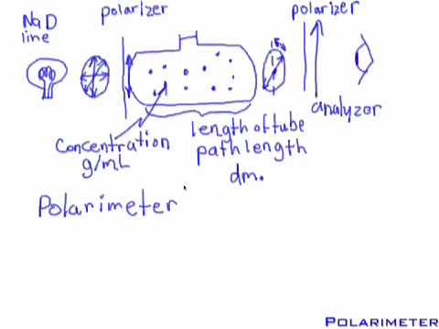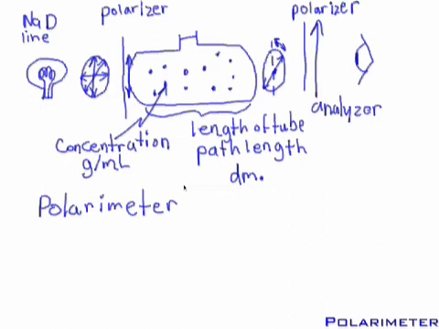Now you can immediately see a problem with this setup, and that is, well, what happens if one group researching a compound has a path tube that is 2 decimeters long, and they decide to use concentrations of 5 grams per mil, and another research group in another part of the world use 1 gram per mil and use tubes of path length 10 decimeters.